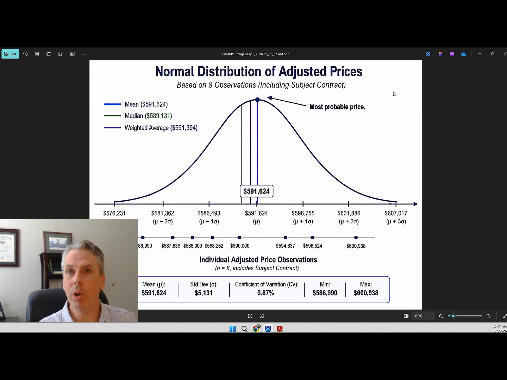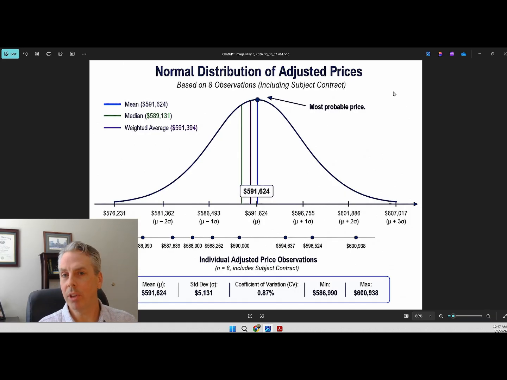So where are they? Are they clustered toward the middle of that distribution or not? And likewise, if there is a sale that was physically similar, but it was more an outlier in your distribution, well, that one should be weighted least because it was not as representative of the definition of market value.